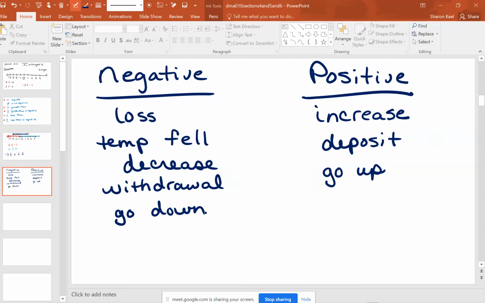So you will have a couple of questions that ask whether a number would be positive or negative, and you're going to use the terminology to determine if it goes up or down. Here's another one: if something is above or below, those would be other terms that we would use.